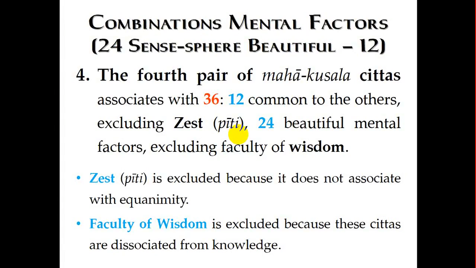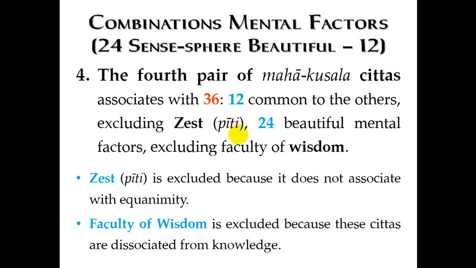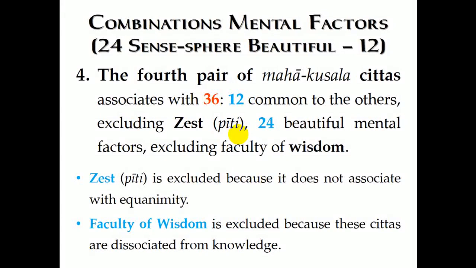Another three: rebirth consciousness, bhavanga, like a continuum, and the death consciousness, death function. So only four functions. But the function of the three abstinences is to refrain from. So therefore, they have a different function. Got it? So Mahavipaka Cheta do only four functions, four jobs.